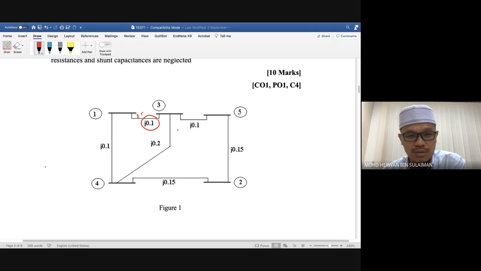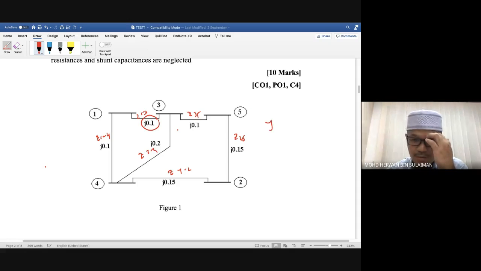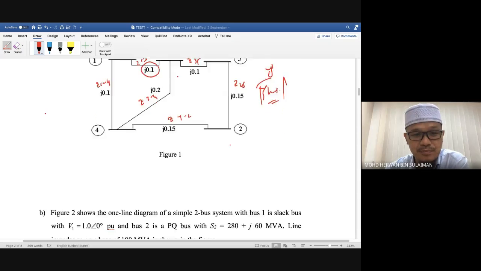Ni Z13, this one Z35, ni Z14, Z34, Z42 atau 24, ni Z25. So first you need to change all the value into Y admittance. Once you get your Y, and then you can construct your Y bus. 10 marks. This is just free marks, supposed to be free marks for you.